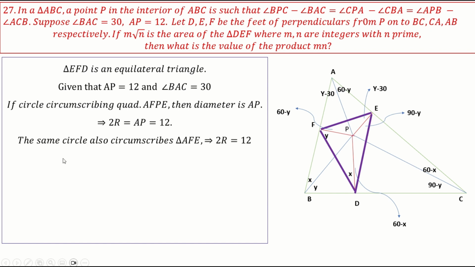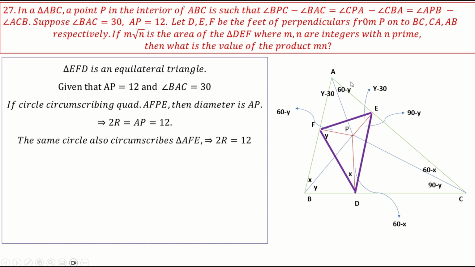Now, the same circle which circumscribes this quadrilateral is also the circumcircle for the AFE triangle, correct? Now, if this is the circle of AFE, then 2R is equal to 12, correct?